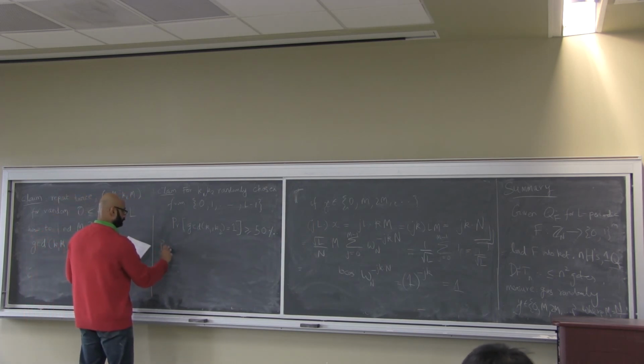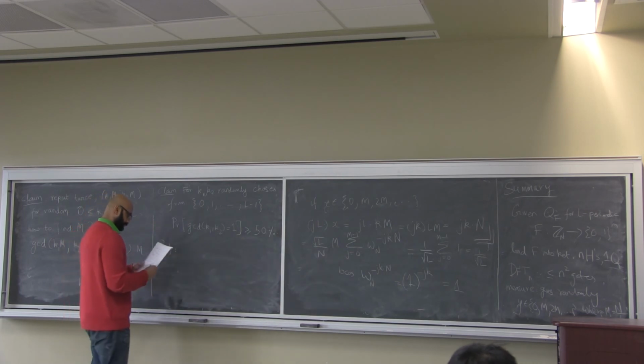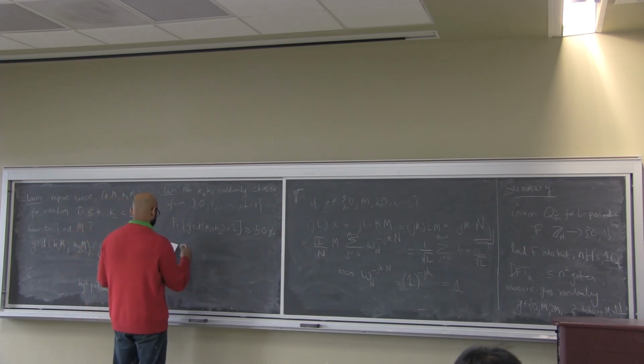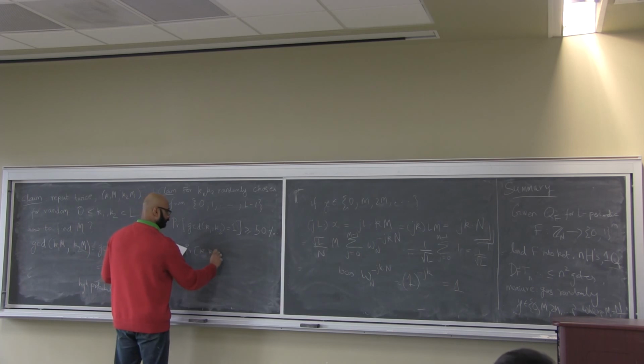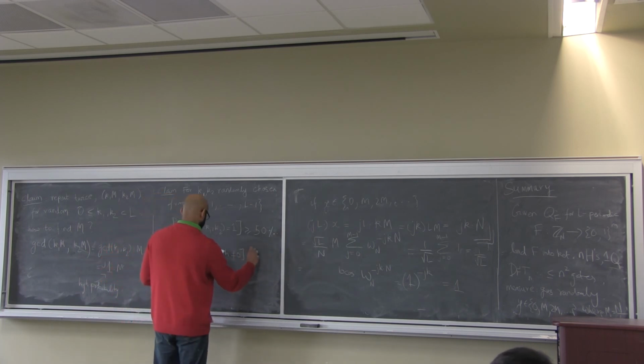Proof, pretty straightforward. So we might need only 2 repetitions before the probability already becomes greater than or equal to 1, sorry. So the probability that k1, k2 are both not equal to 0 is pretty high.